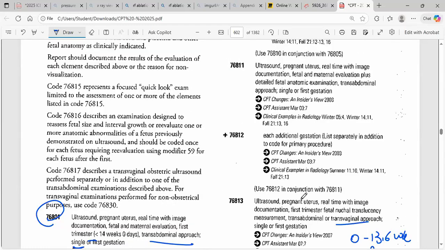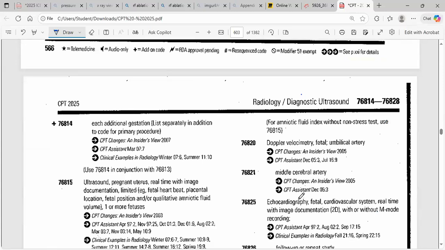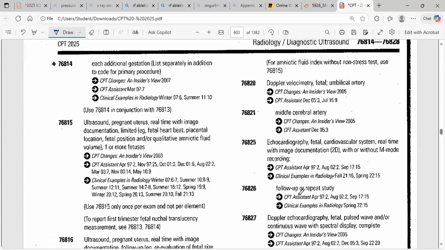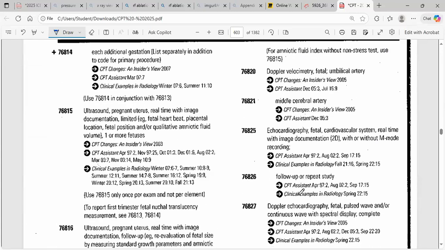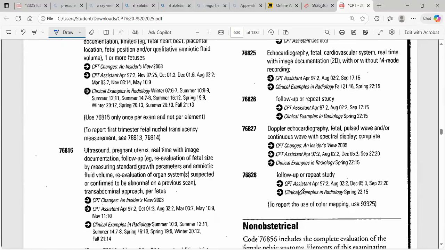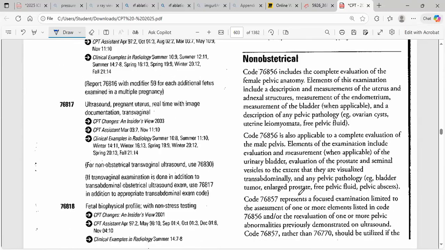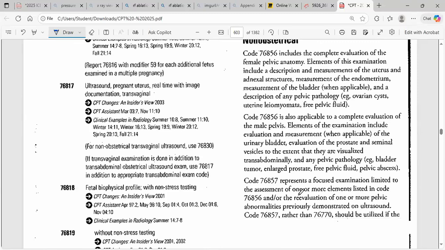Let me open the code. This is the fetal biophysical profile with non-stress testing.